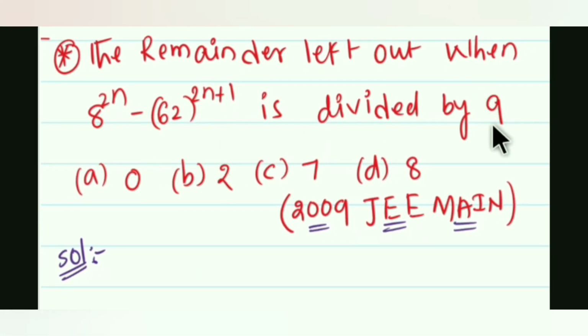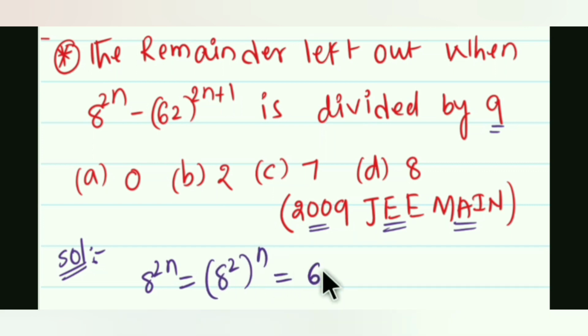Since he is asking about 9, I will take 63 as a reference number for this 9. If a number is divisible by 63, it is automatically divisible by 9, because 63 is also divisible by 9. So let me take 8 power 2n, I will write 8 power 2n as 8 square to the power n.